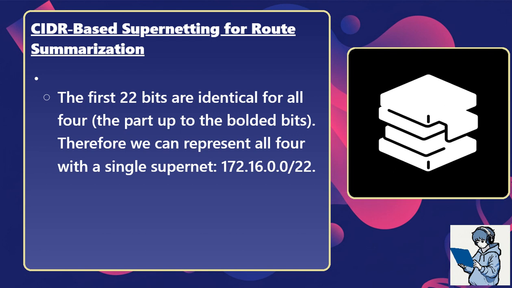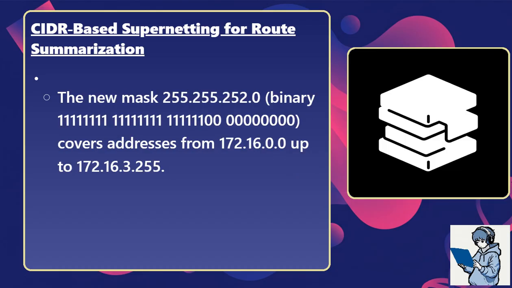Therefore, we can represent all 4 with a single supernet, 172.16.0.0/22. The new mask is 255.255.252.0. Binary 11111111 11111111 11111100 00000000, which covers addresses from 172.16.0.0 up to 172.16.3.255.